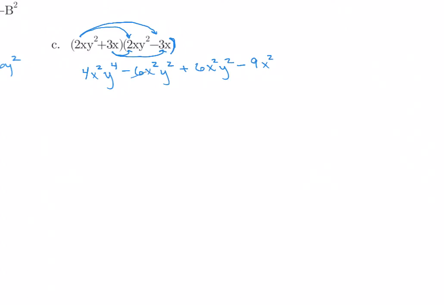Now, if you multiplied correctly, you should get that the middle terms cancel out. And so we have our firsts, 4x squared y to the 4th, minus our lasts, minus 9x squared.